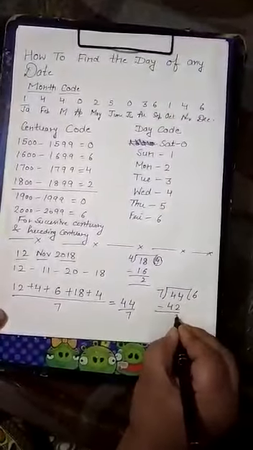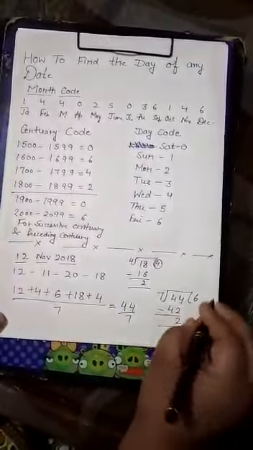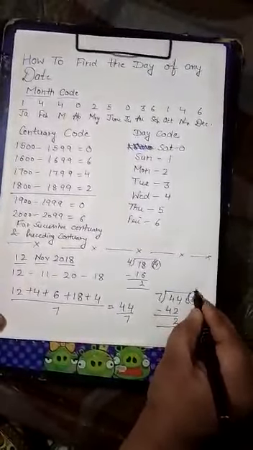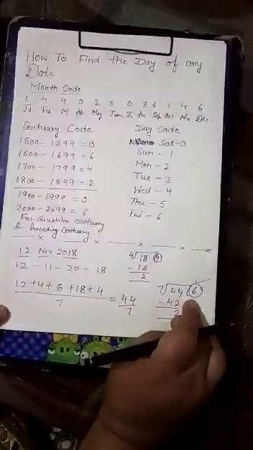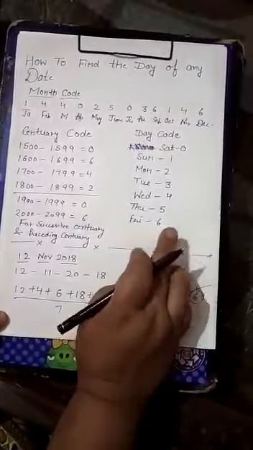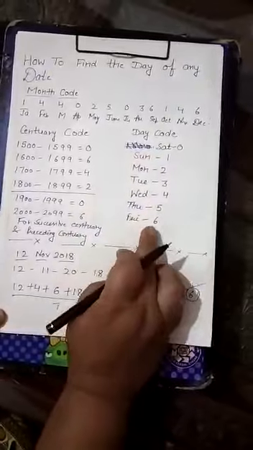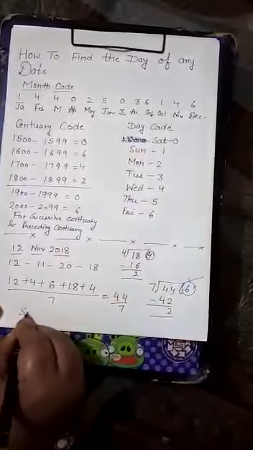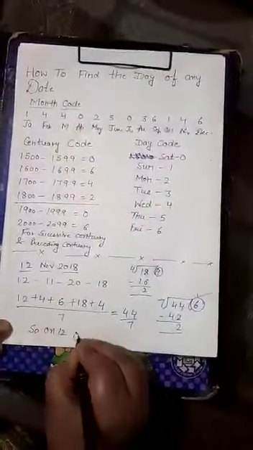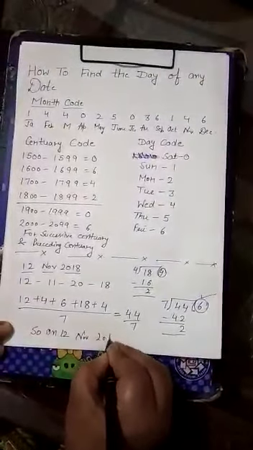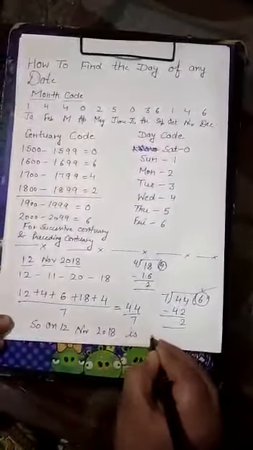So 44 minus 42 is 2. So you will find out that 2 is the day shift. So when we go to the day code, the 2nd day is Monday. So 12th November 2018 is Monday.